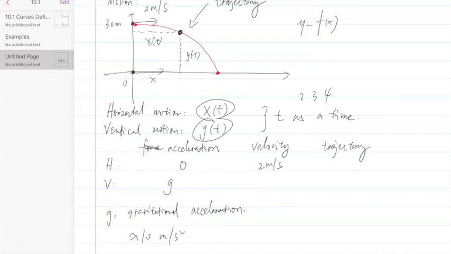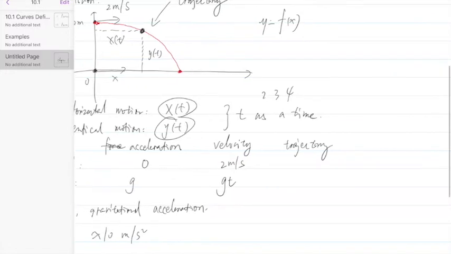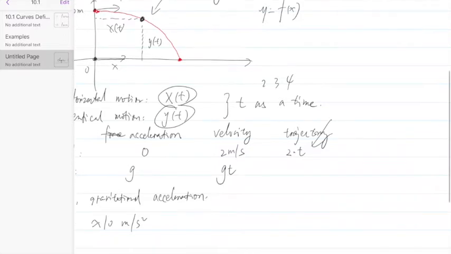Well, for a straight line motion with a constant acceleration, it's simply the acceleration times the time. Finally, what is the trajectory at time t? Then it's velocity times the time of t. That is my horizontal trajectory. From here you can see for horizontal, you basically just travel at a constant speed.